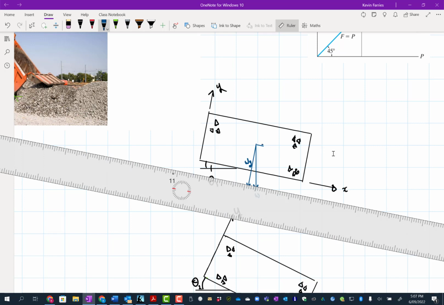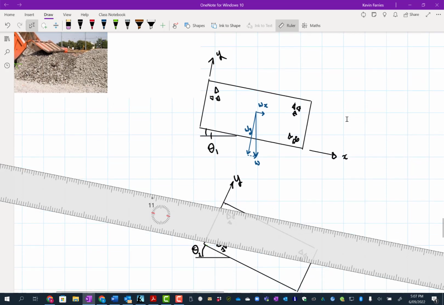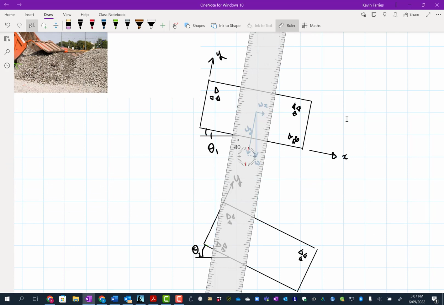And that'll be WX. Now, to have static equilibrium, we're not going to worry about moments. We'll get to that in the next one. But what we do know is that the sum of the X components must be 0 and the sum of the Y components must be 0. So therefore, we must have a reaction somewhere perpendicular to the surface like so, which is going to be our normal force.